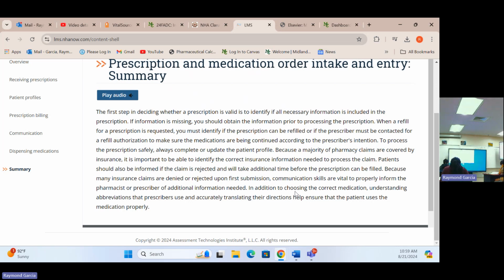Let's see. Know the different sections on your prescription. You have a superscription, inscription, and a subscription. Page 171 in your book.